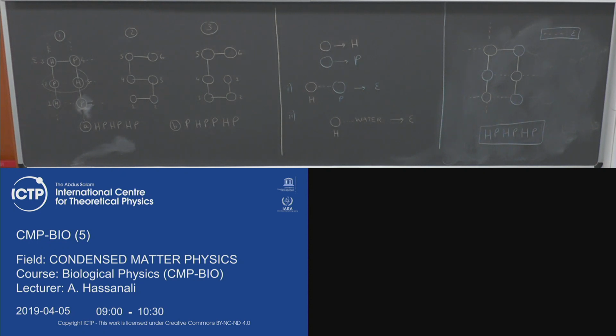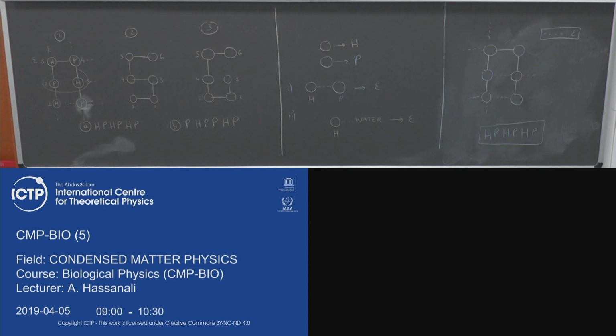So what does this mean? For this sequence, all the compact structures have equal probability. Which is not what we want, at least from what we understand of protein folding. In the first one, the probability of finding each state is 1/3. It's the same.